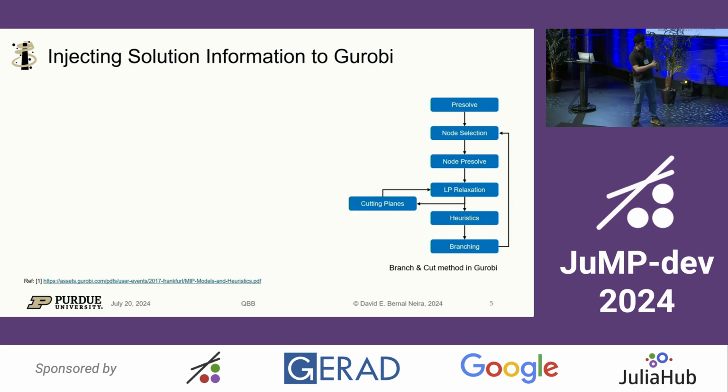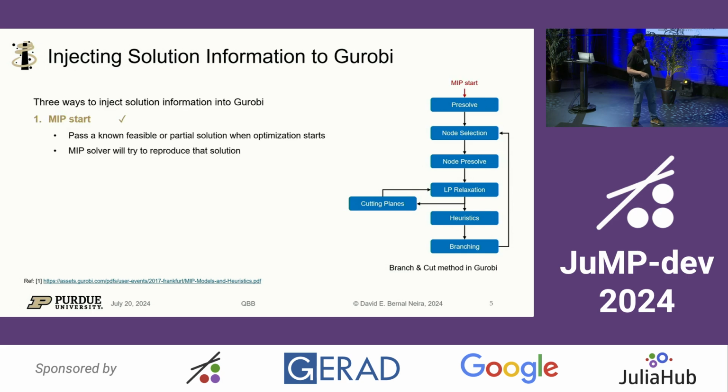Here is a tiny diagram explaining more or less how the branch and cut method inside Gurobi works. One of the methods is to initialize the problem: if we already have a solution to the original problem, how about if we just pass it? Hopefully that will reduce the search performed by the branch and cut method, and this would eventually increase the performance of the solver, right?